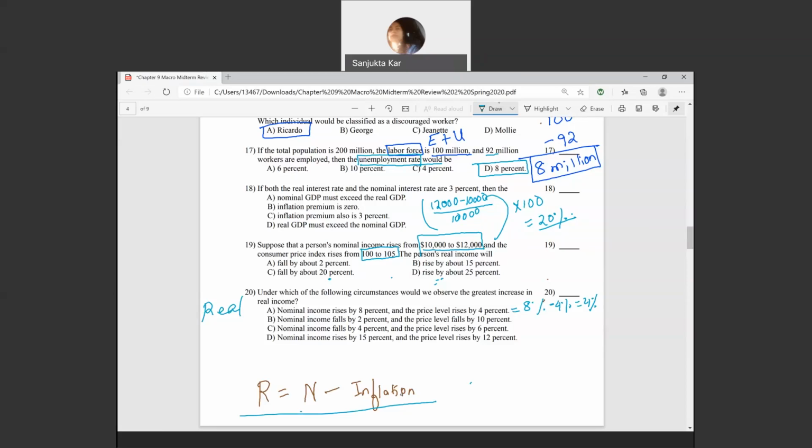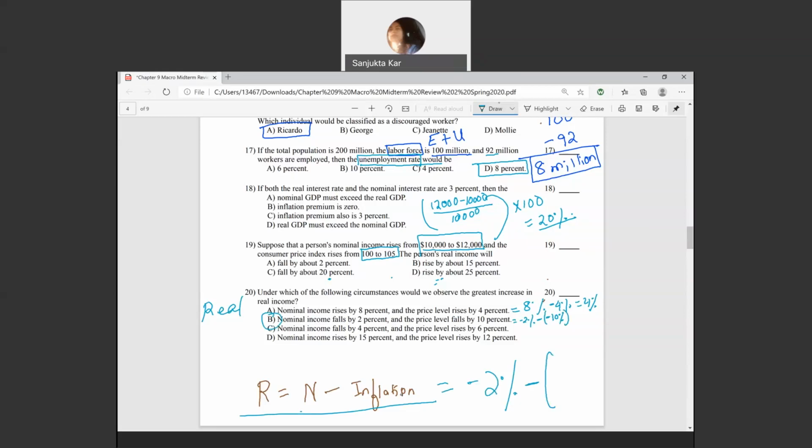So this one is negative 2%. From that, I subtract. The price falls by 10%, so I'm going to have negative 10. What I just wrote down for B was nominal income falls by 2%, so negative 2, because I have this negative as part of the formula here.